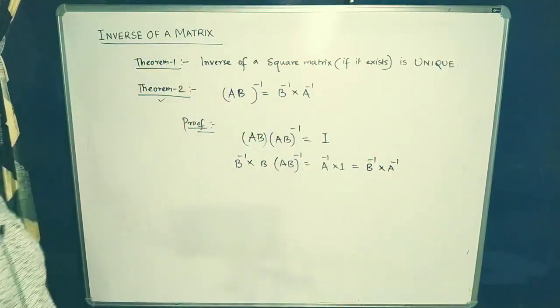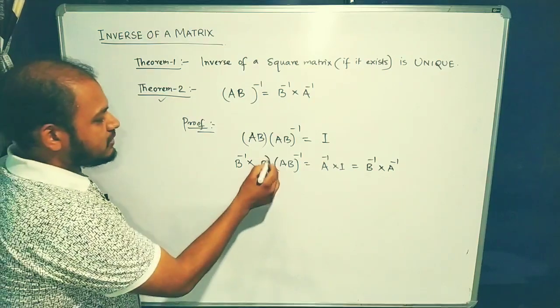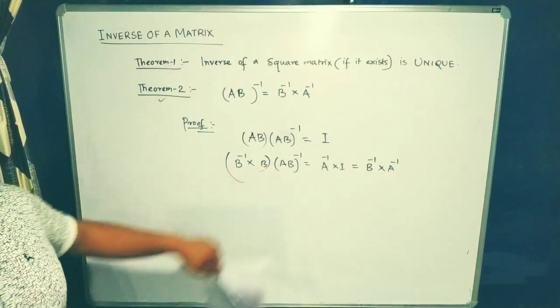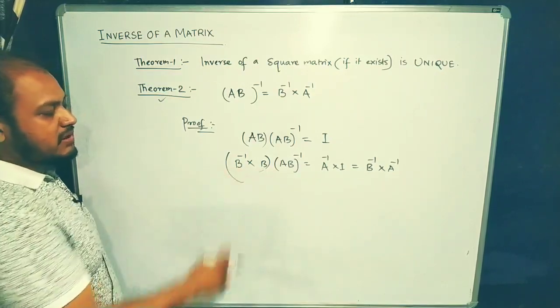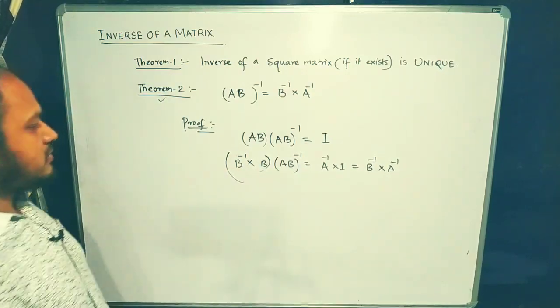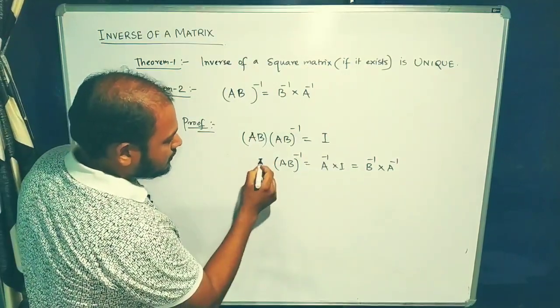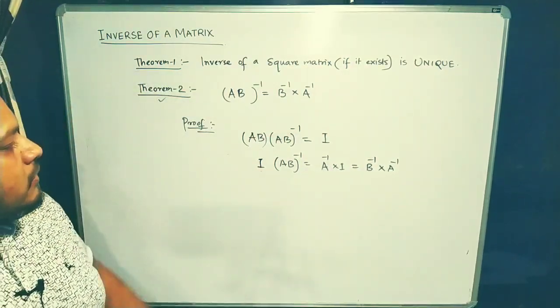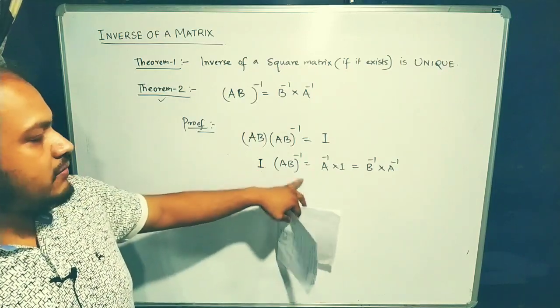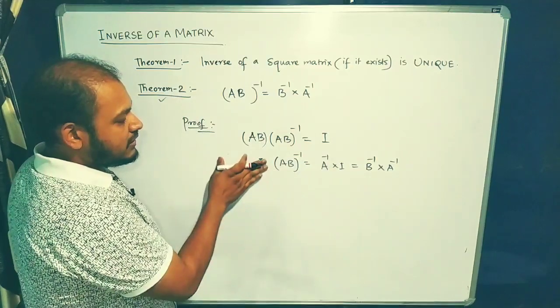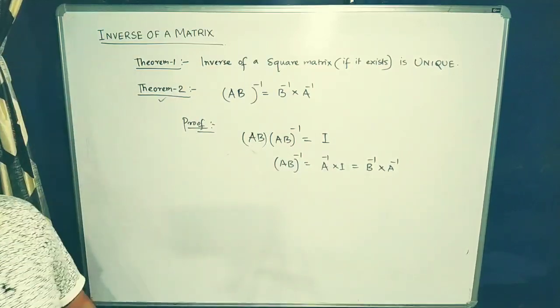Again we see that B inverse is multiplied by B, and any matrix multiplied by its inverse is I. So I can change this to I. Now we have I into AB inverse, and multiplying by I gives the same matrix, so writing I or not does not matter.